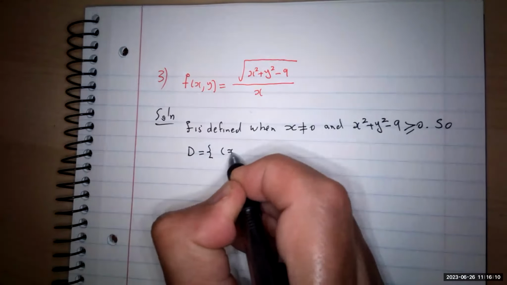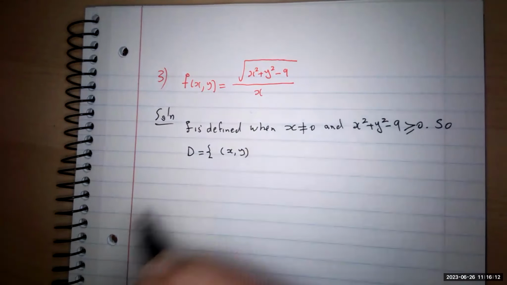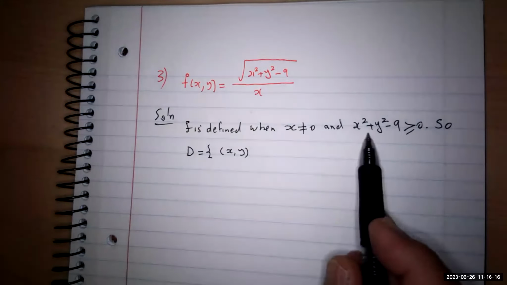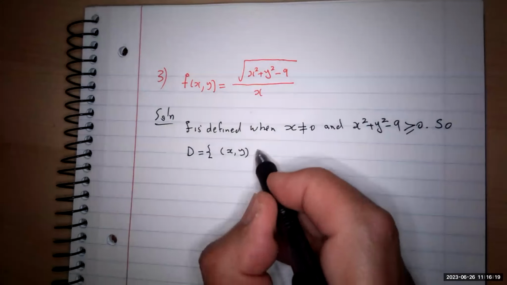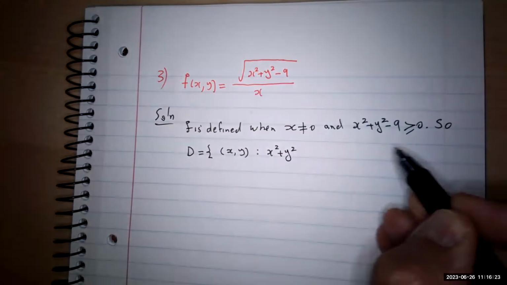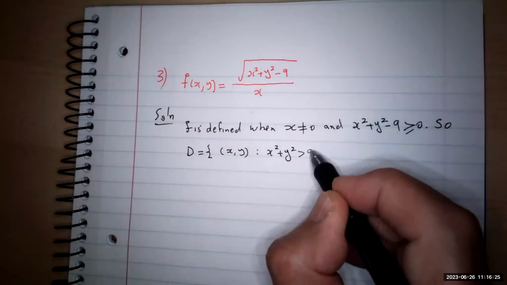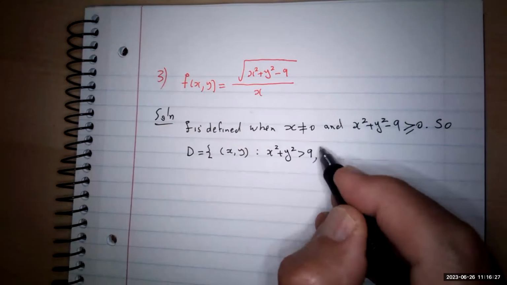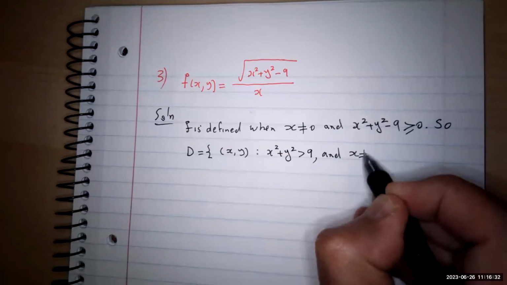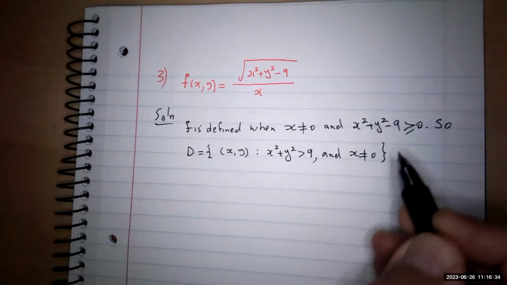It's going to be x, comma, y with the condition. So the condition that you need, you can move the 9 to the other side. So this is going to be x squared plus y squared, strictly bigger than 9. Okay, and of course, the condition that x cannot be equal to 0.